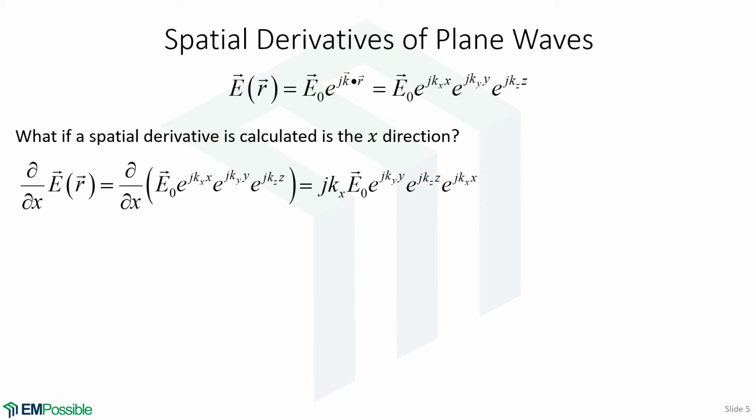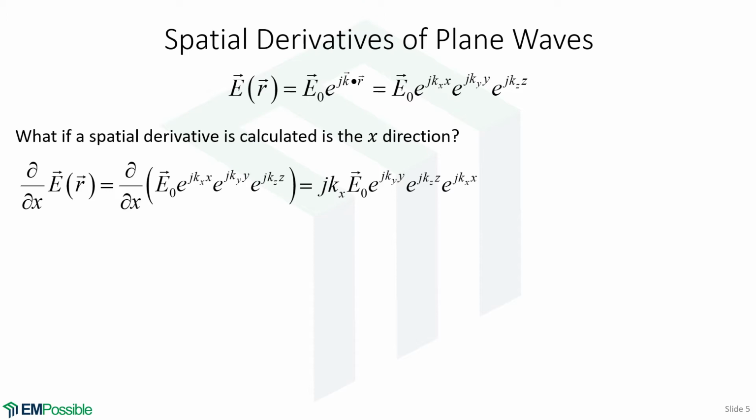Well, everything's a constant except this exponential term. So the E naught vector, e to the jkyy, and e to the jkzz, all that can come to the outside of the partial derivative. So we're just left with the partial derivative operating on e to the jkxx. And of course, the derivative is just this exponential times jkx. And so we bring the jkx to the outside.